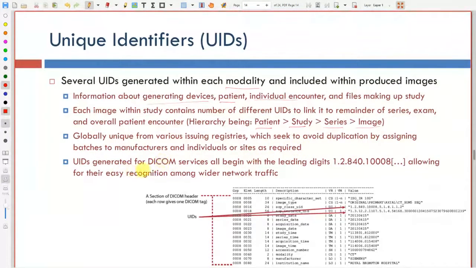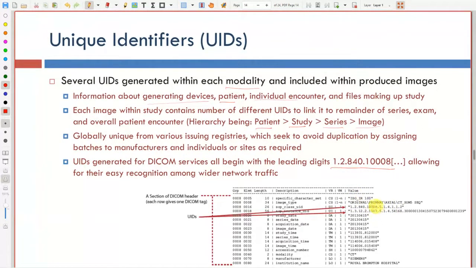So basic unique IDs generated for DICOM services all begin with the leading digits, like 1.2.840.10008, and then you have other numbers that provide the unique ID for that particular identity. It depends on how the other numbers are generated.